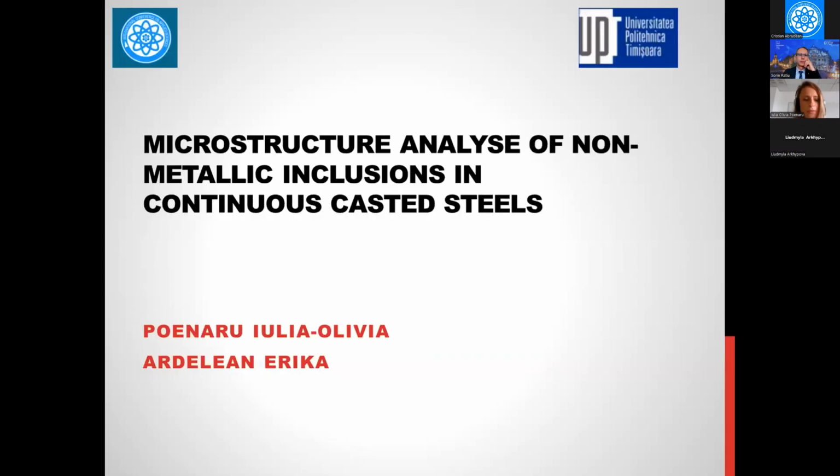Good afternoon. My name is Poenaru Iulia, and under the coordination of Professor Erica Ardelian, I present to you today the paper work Microstructure Analyze of Non-Metallic Inclusions in Continuous Casted Steels.